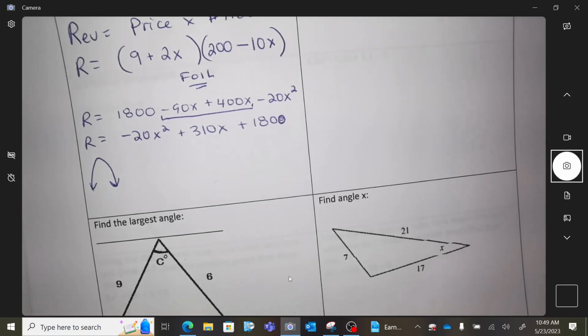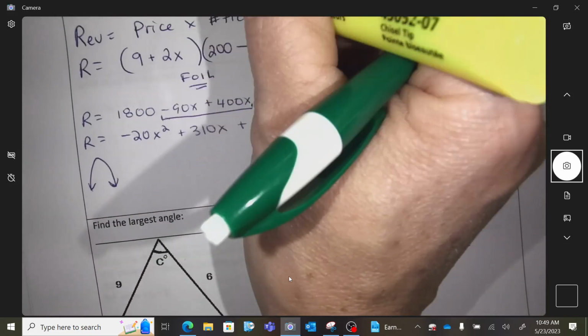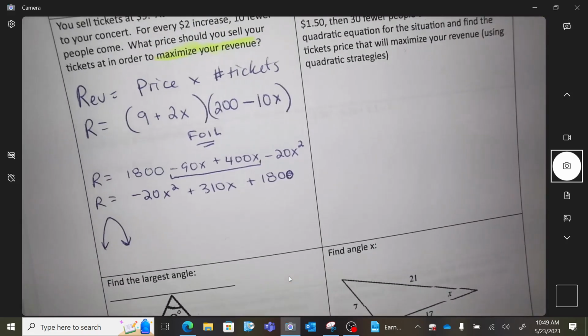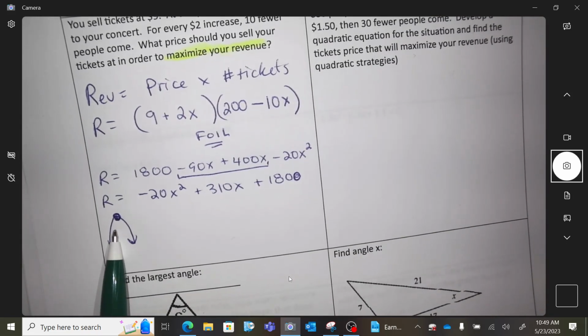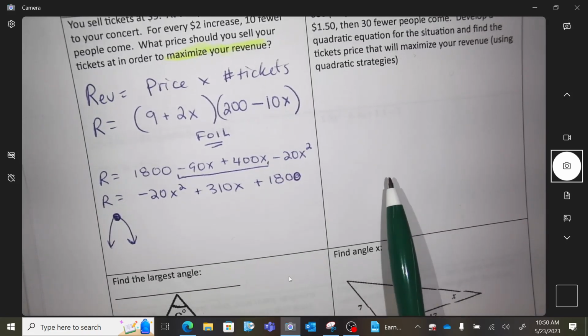And I am trying to maximize my revenue. Look at that. I'm trying to find that max. How do you find max in an equation that looks like this? There's a tiny little formula. We just did it 2 or 3 questions ago.